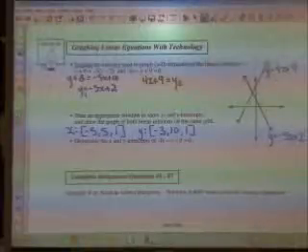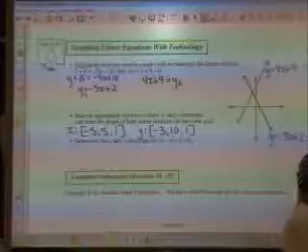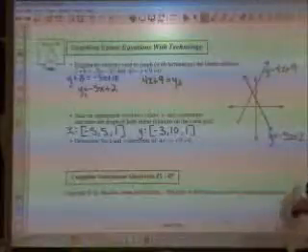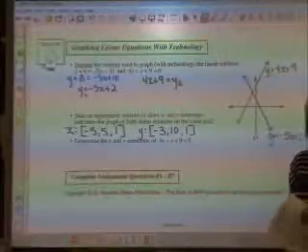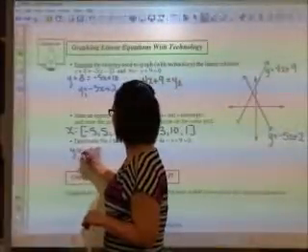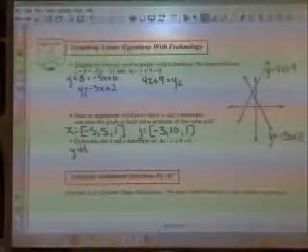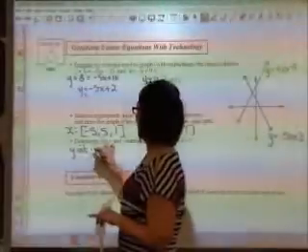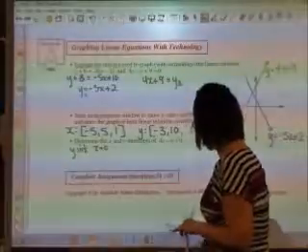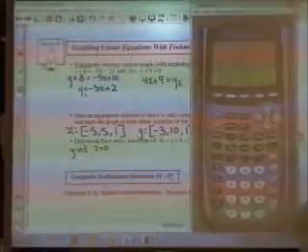So if I had to determine the x and the y intercepts of 4x minus y plus 9, how would I find the y-intercept? Let x equal 0. So on my calculator, how can I use my calculator to find that?